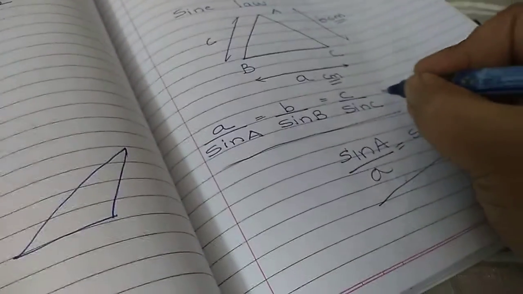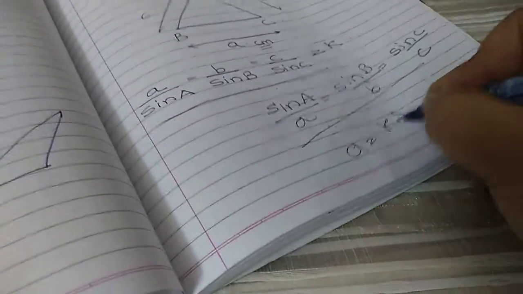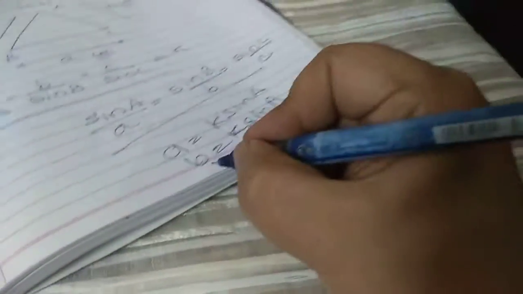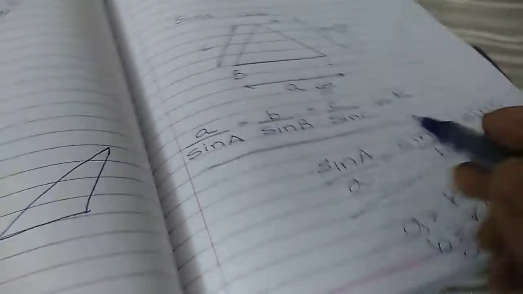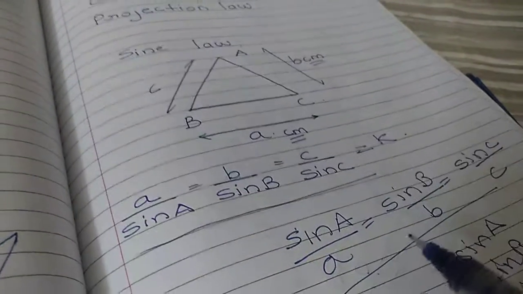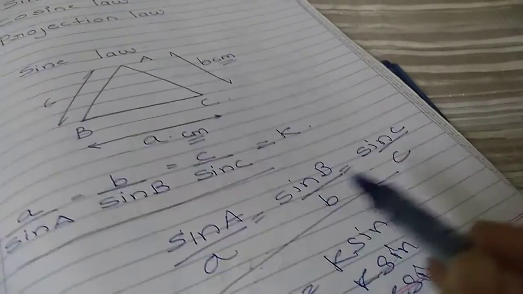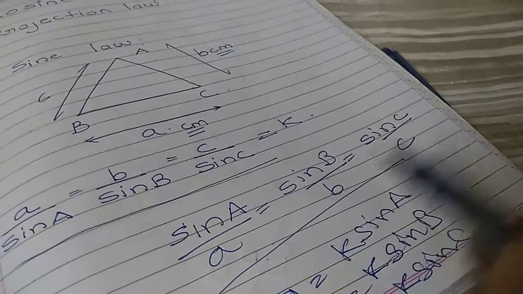If I assume these ratios as equal to K, then A is equal to K sine A, B is equal to K sine B, and C is equal to K sine C. Alternatively, sine A is equal to AK, sine B is equal to BK, sine C is equal to CK.